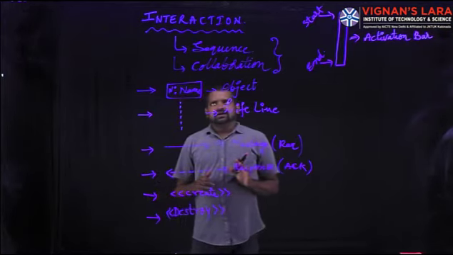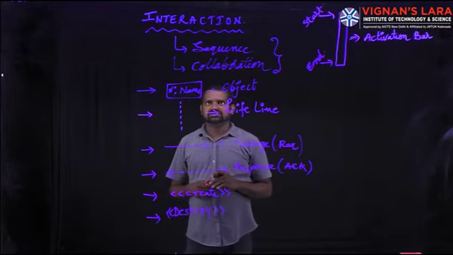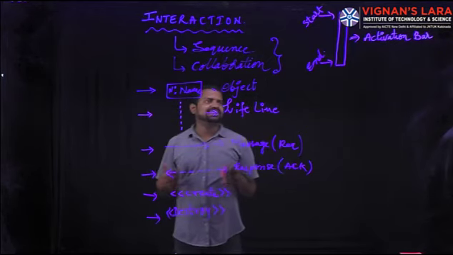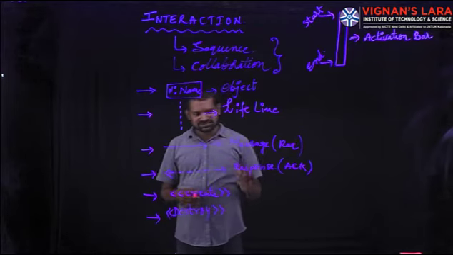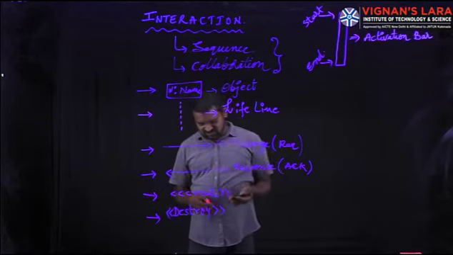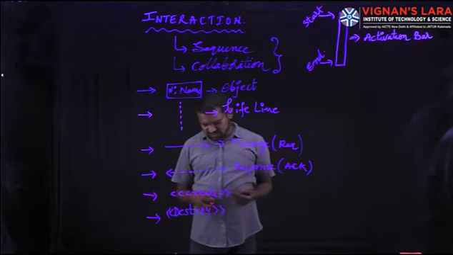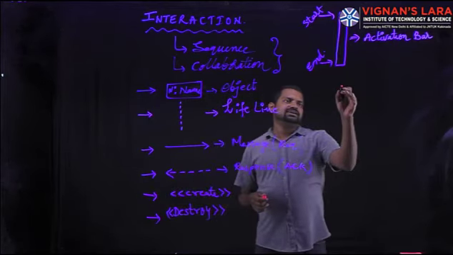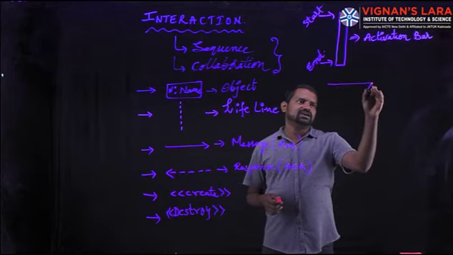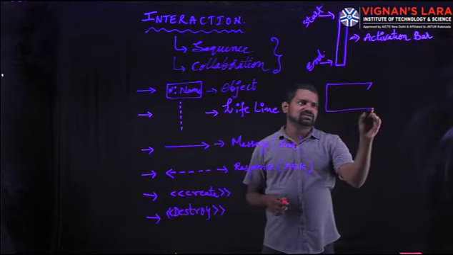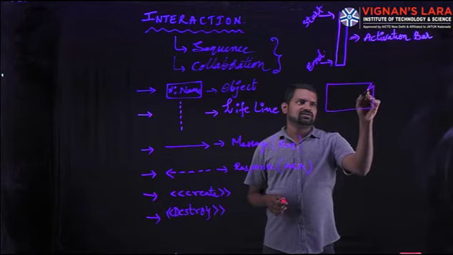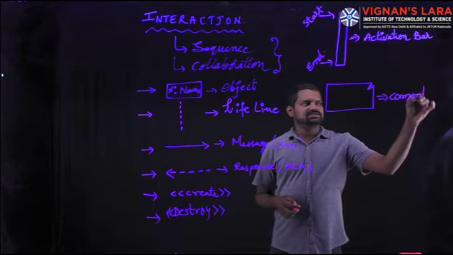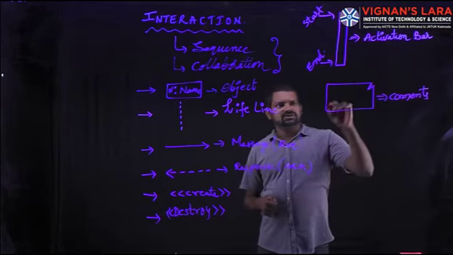So these are the symbols used to create a sequence diagram: object, lifeline, message, response (that is, acknowledgement), creating an object, destroying an object, and also, if you want to write comments, a dog-eared note symbol.